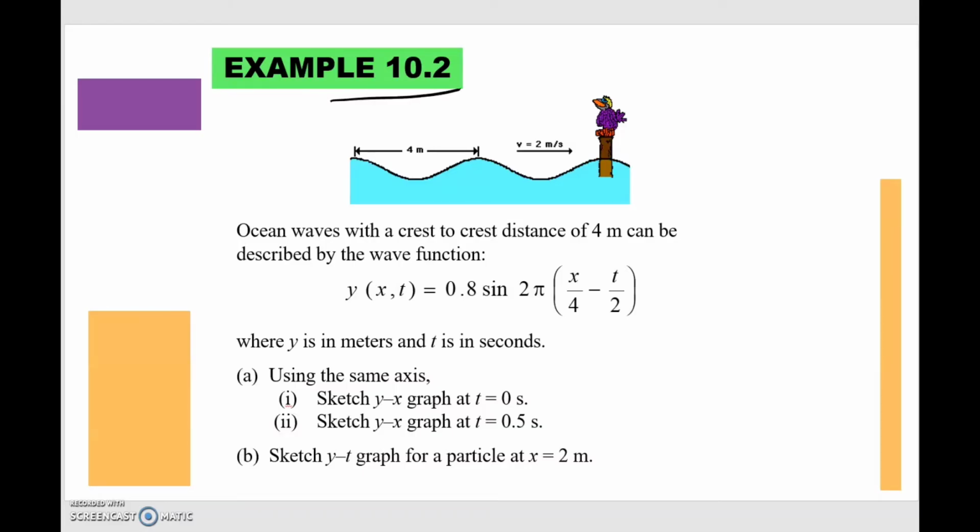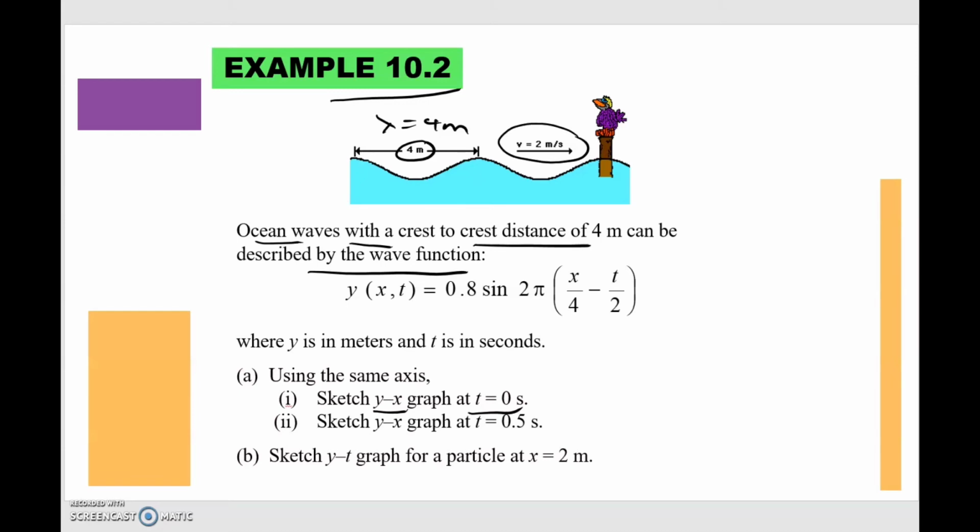Now we look at example 10.2. An ocean wave with crest to crest distance of lambda equal to 4 meters can be described by the wave function y(x,t) equal to 0.8 sine(2 pi x over 4 minus t over 2). You have to sketch y versus x at t equal to 0.